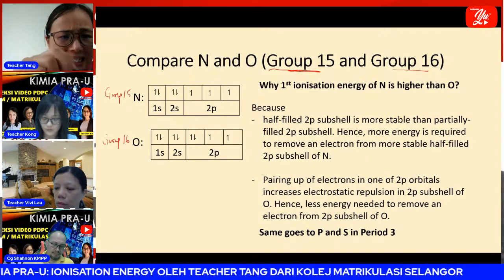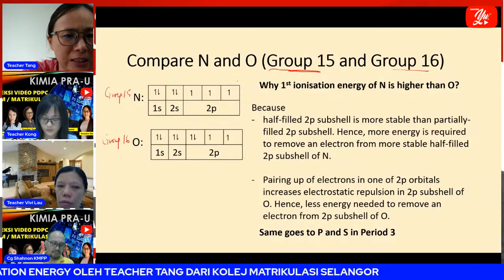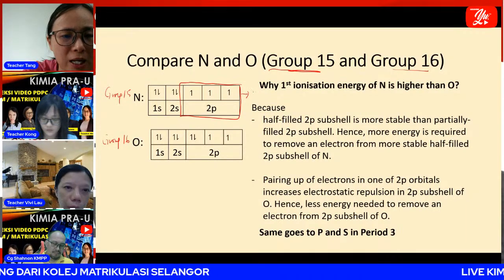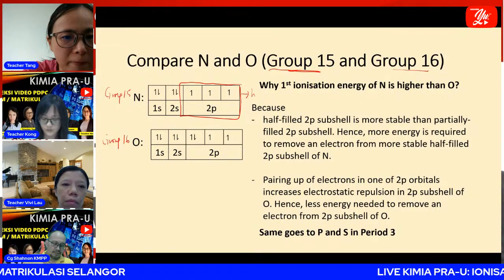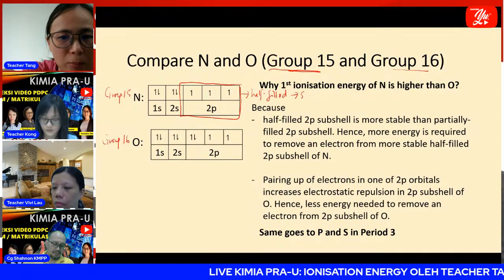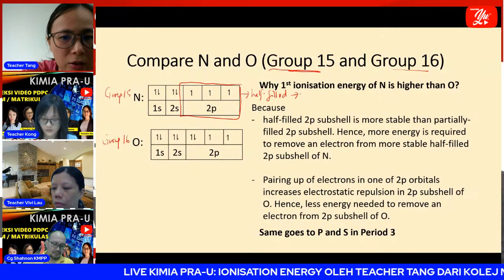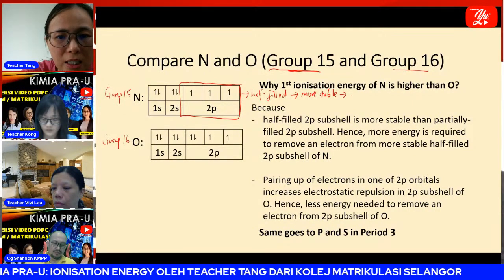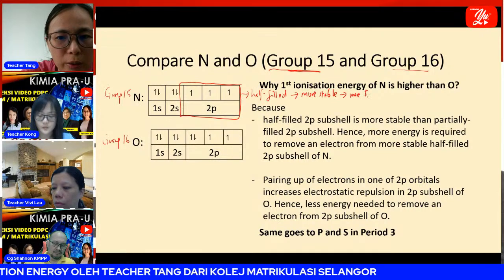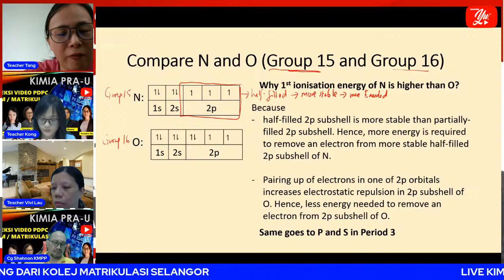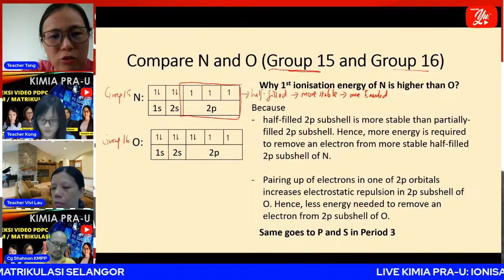To remove an electron from nitrogen, it is removed from the 2p subshell, and this 2p subshell is half filled. A half-filled subshell is more stable. If it is more stable, it means that more energy is needed to remove an electron from the half-filled 2p subshell of nitrogen.